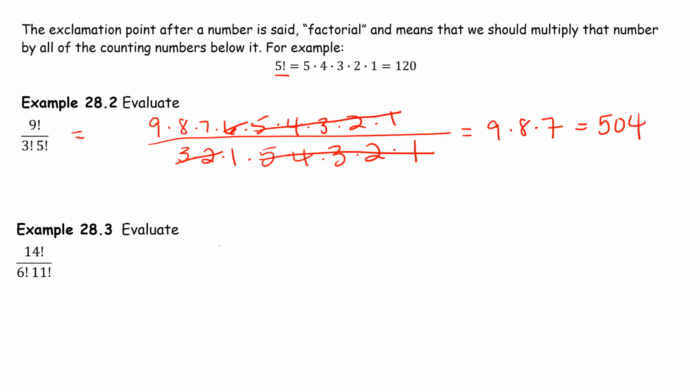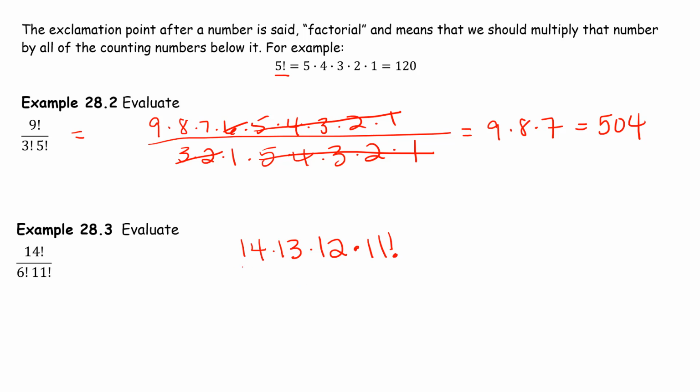Here's another example where we've got 14 factorial over 6 factorial times 11 factorial. I could sit here and write 14 times 13 times 12 times 11 times 10 times 9 and so on, but I'm actually just going to stop at 11 and put a factorial right there, because that means the same thing as 14 factorial. 14 times 13 times 12 times 11 factorial, which is 11 times 10 times 9 times 8 and so on down to 1.